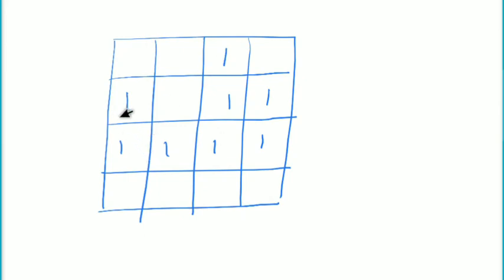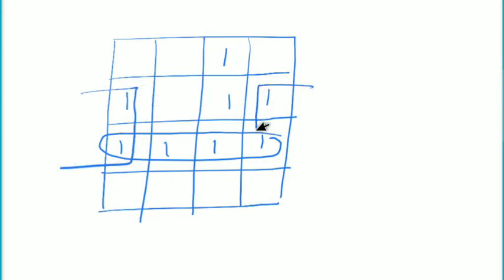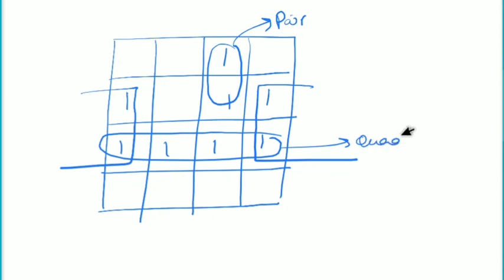Immediately this is one quad and this is one quad and this one is a pair, and this one is quad 1 and this one is quad 2.